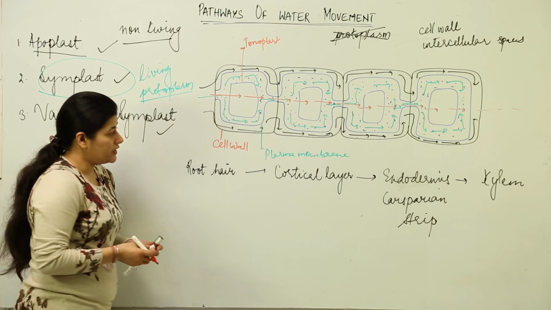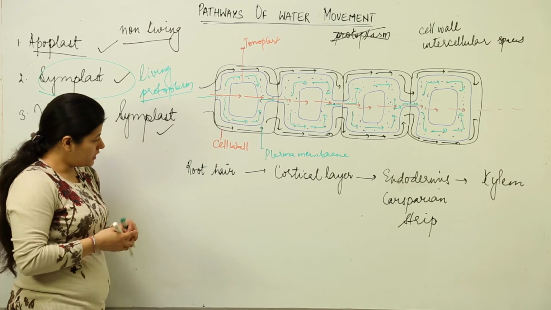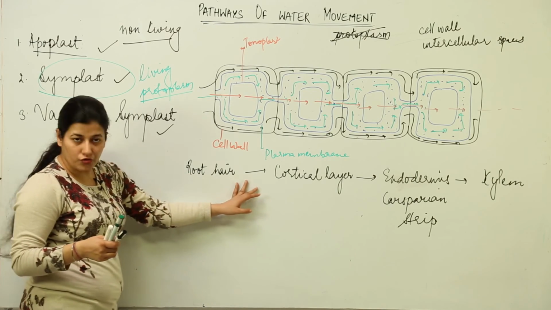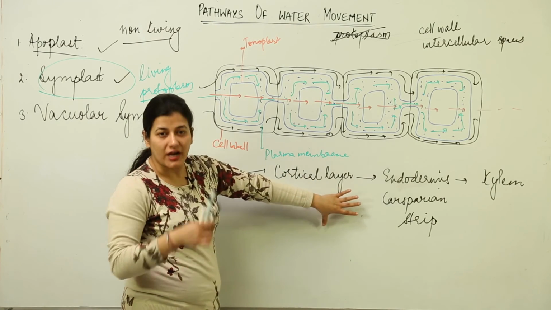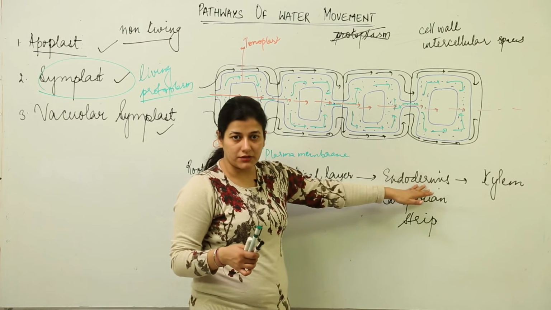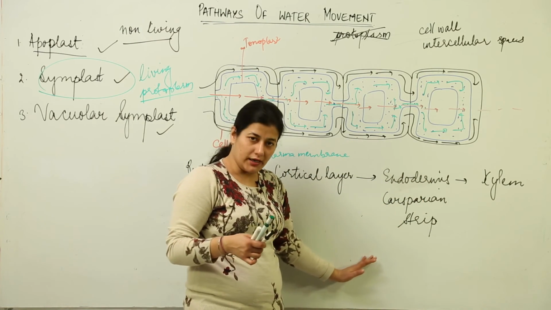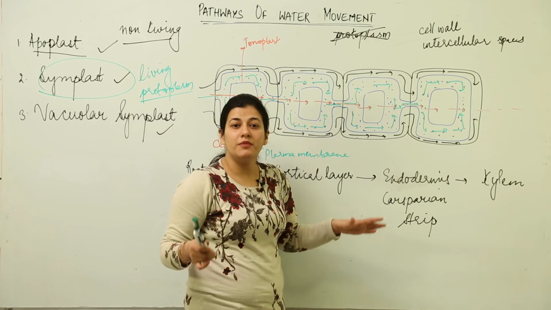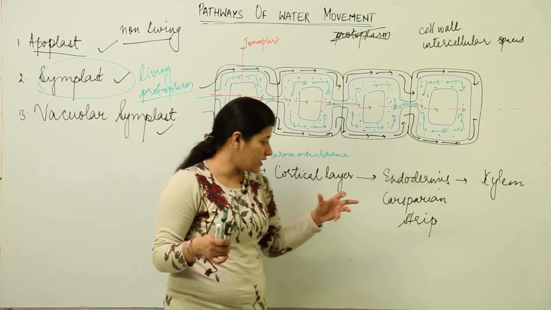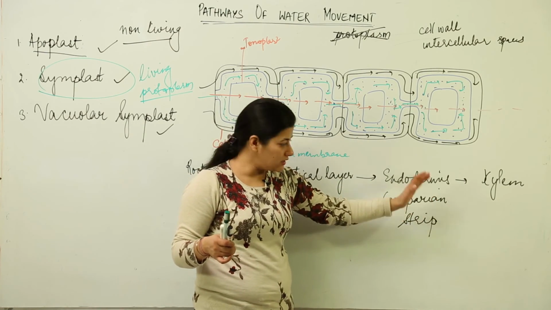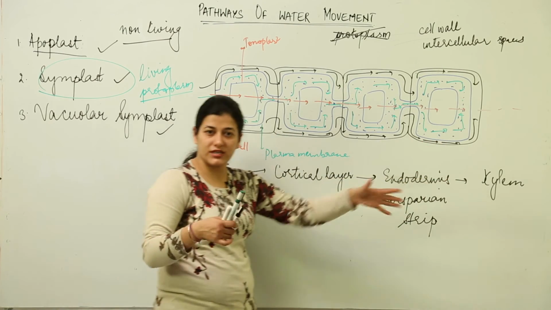Now do keep in mind that water prefers the apoplastic pathway through the root hair and the cortical layers, which have intercellular spaces present between them. When it reaches the endodermis, because the endodermis cells have a Casparian strip layer which is not permeable to water, it is a suberized layer, the water has to enter the symplastic passage and then it moves on to xylem, which is again apoplastic.